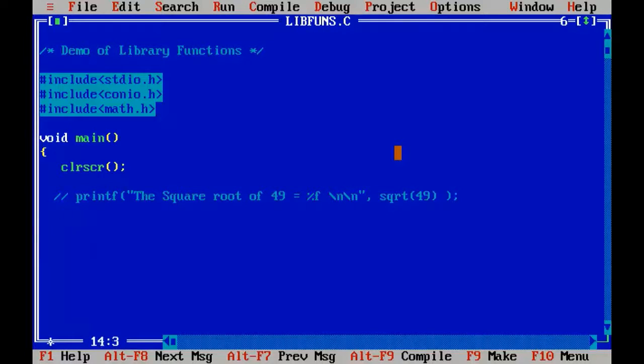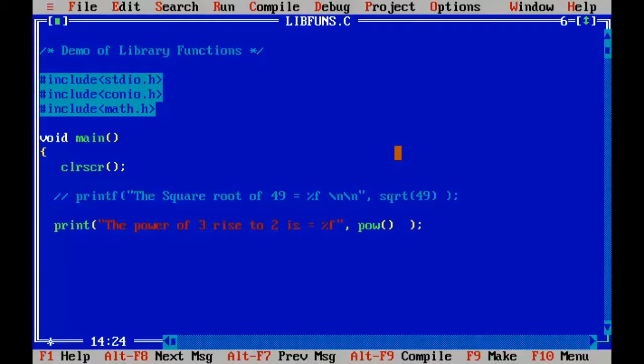Now let's find out the power of a number. So the power of 3 raised to 2 is equal to %f, comma, here we use the pow function, which stands for power.